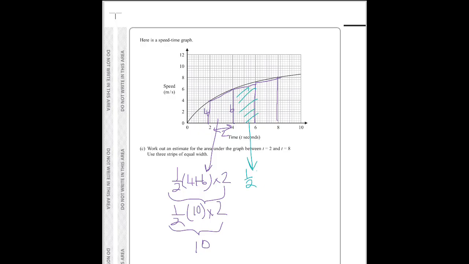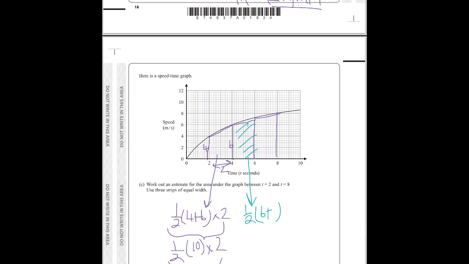It's a half of, be careful here, 6 plus 7, times by 2. Again, use BIDMAS here. You're going to get 13. Last but not least, this last trapezium, half of 7 plus 8 times by 2, which is 15.